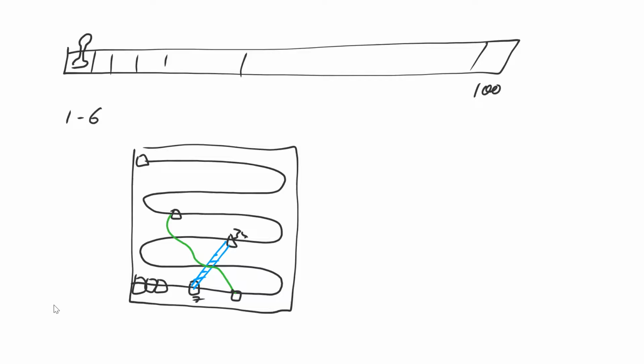I have a random number generator that can roll the die for me. And then I let the computer play the game and keep track of a histogram of the number of turns it takes to finish. And so I can analyze the game with what's known as a Monte Carlo simulation. I just play the game.